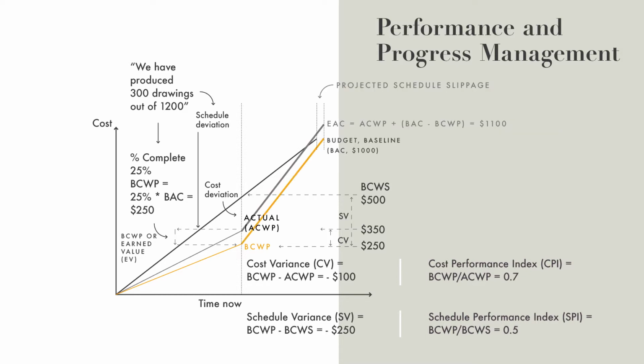Maybe there would be some acceleration cost, but we have not taken them into account in this picture, and we estimate that we are going to end up at 1,100 as an estimate at completion, estimate cost at completion, and there is only a slight schedule slippage.